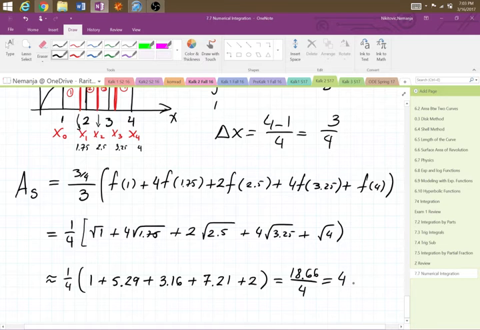The exact value without rounding is this, which is again pretty close to our 4.666 repeating.